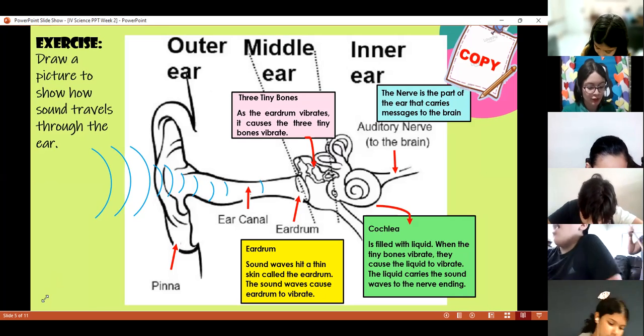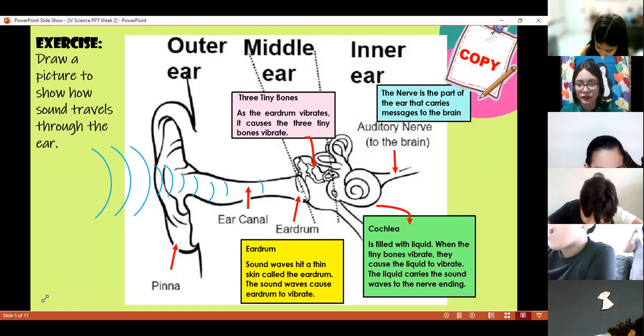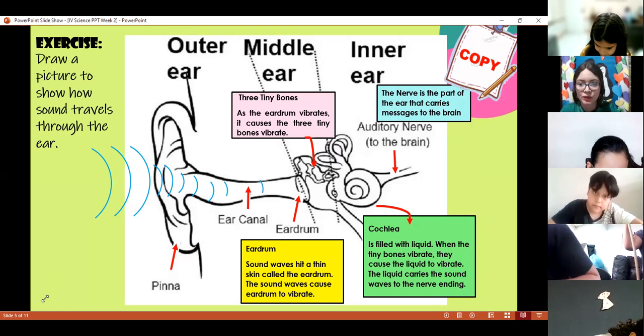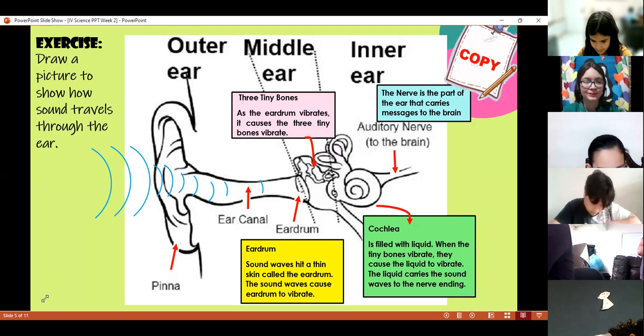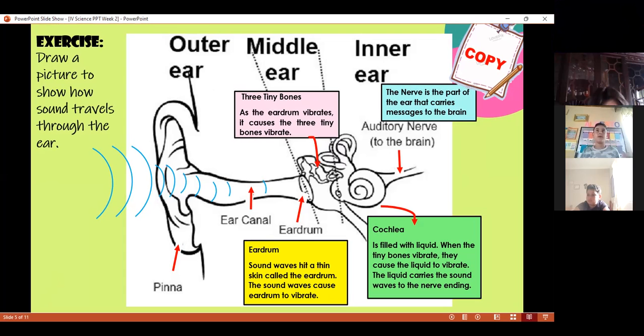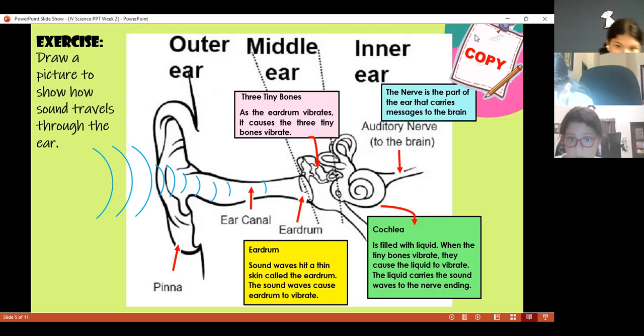Lucia, you were showing your ear drawing. So nice, excellent. Continue drawing. Remember that in science we don't have any homework this week, class. Science, no homework. What is the title?